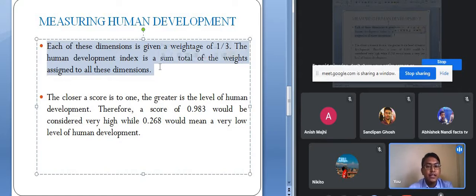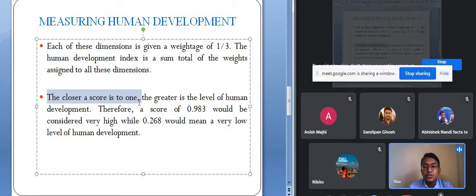The closer a score is to 1, the greater the level of human development. If the score is very close to 1, that country has a higher level of human development, and if the score is very close to 0, that country has a low level of human development.